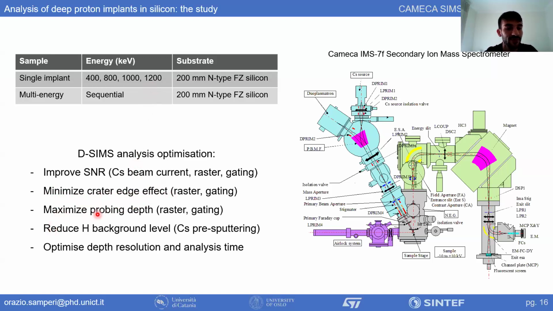And of course, we also applied this presputtering protocol to try to reduce the background level for hydrogen. At the end, we tried to find a compromise between depth resolution and analysis time, because of course it's quite a long measurement.